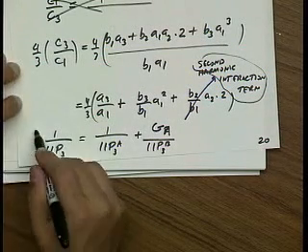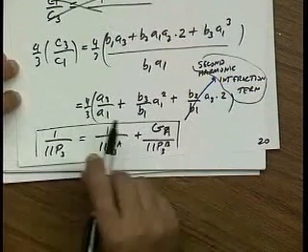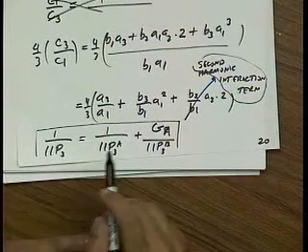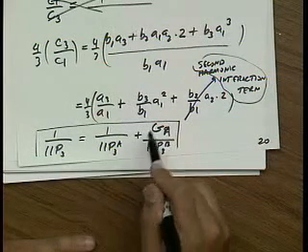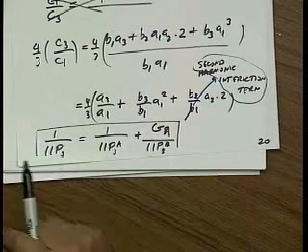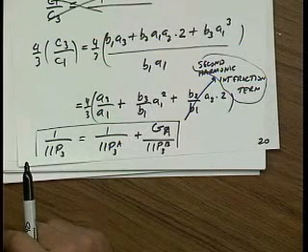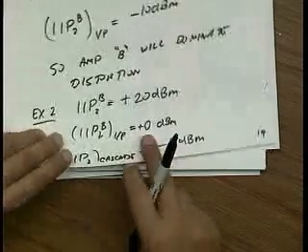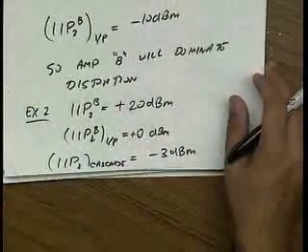So now the formula for input IP3 looks nice and simple. It looks just like the case of the IP2 point. I input refer the IP3 of my second amplifier by the power gain, and then I take them in parallel. Okay? Now, you guys can hopefully see the error I made before. I think I made an error.